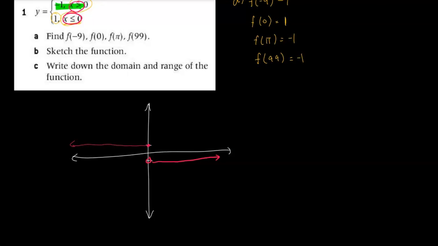Okay, and then let's go ahead and state the domain and range. The domain is going to be all real numbers. And the range, we can write it in a simple set because we can't really write all real numbers.